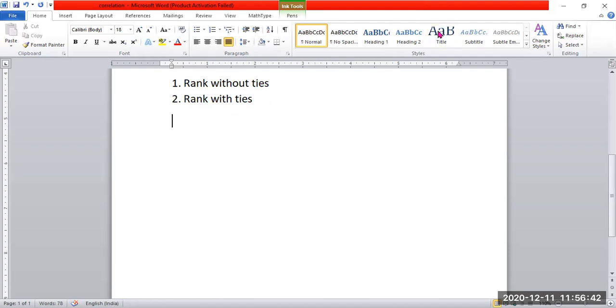So what is the formula for rank without ties? Rho is equal to 1 minus 6 summation d square divided by n cube minus n.